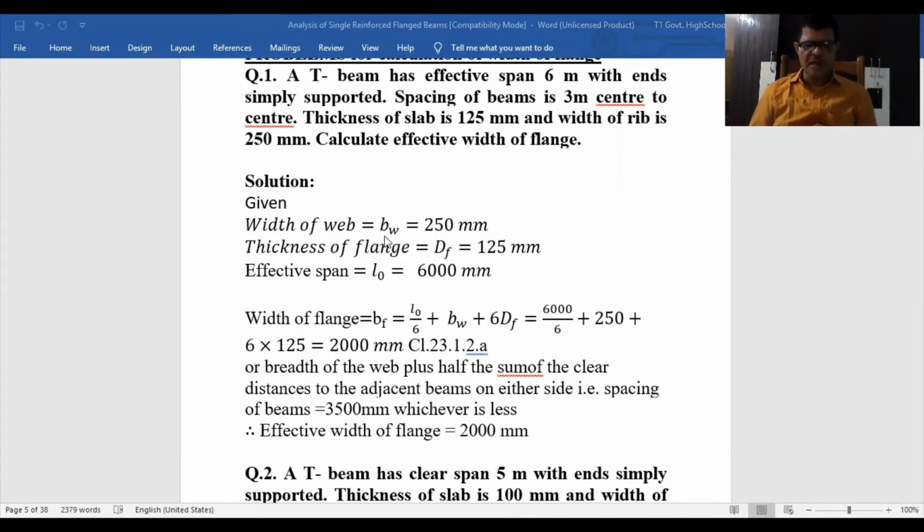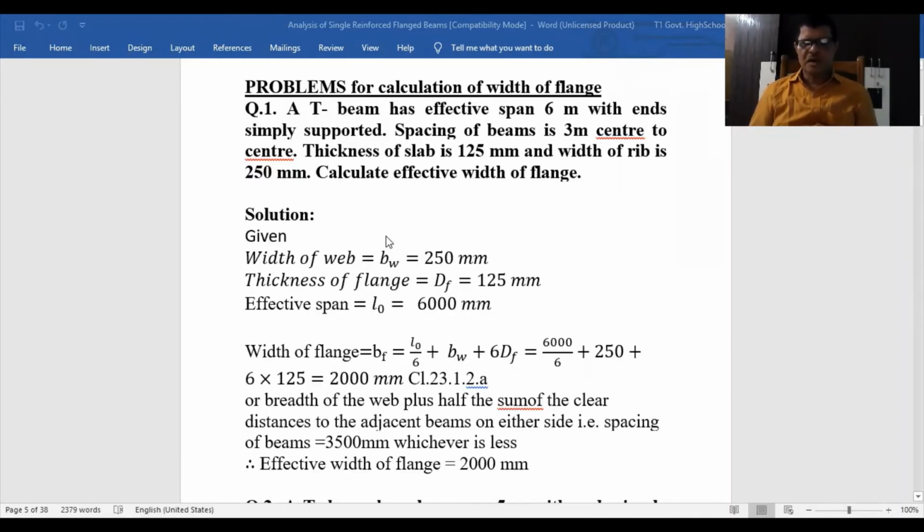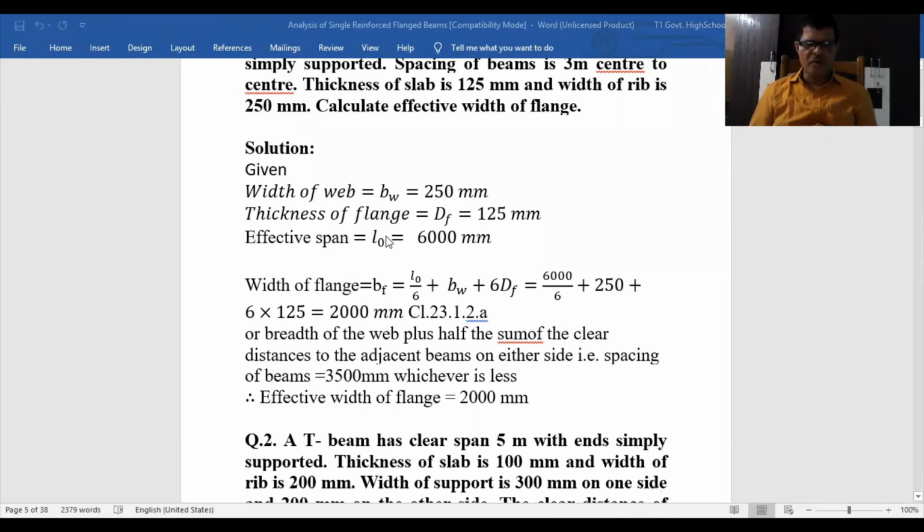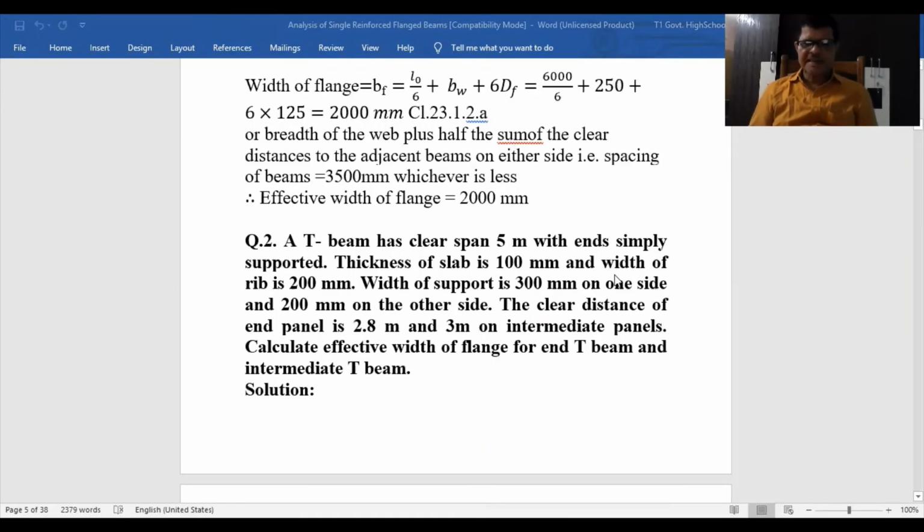So it cannot be more than that value. It cannot be more than that. So it is coming 2000, but here it is coming 3500. So spacing of beams is more than that, so it is less than this. So calculate that value. So the center of these beams, the both sides of the beams, you have to calculate. And the second example is given.